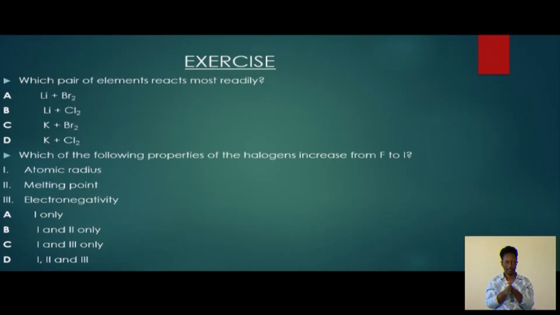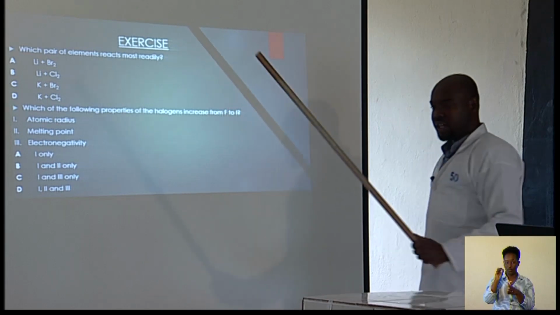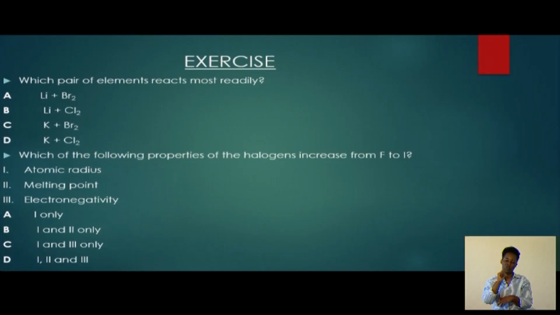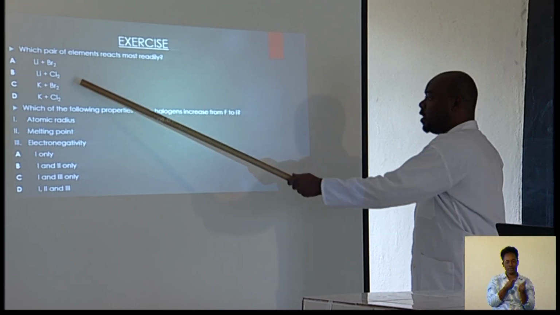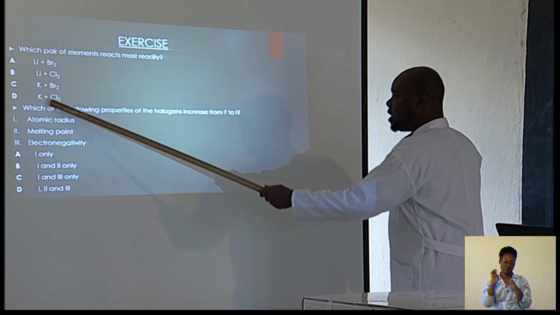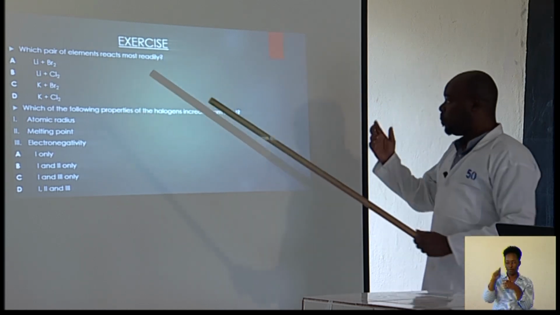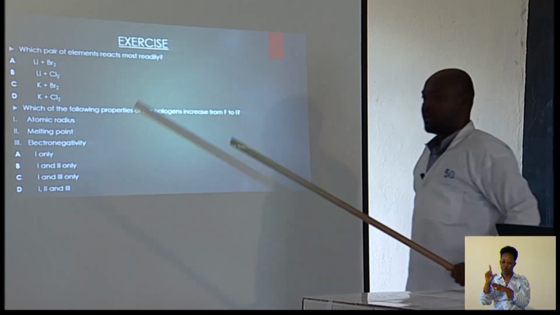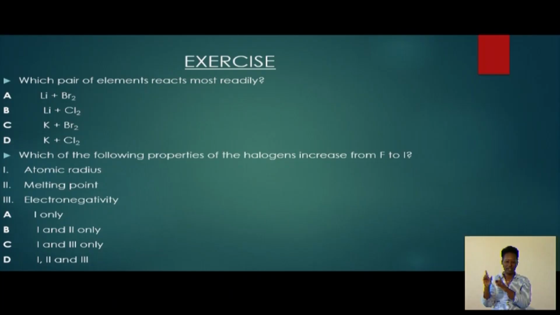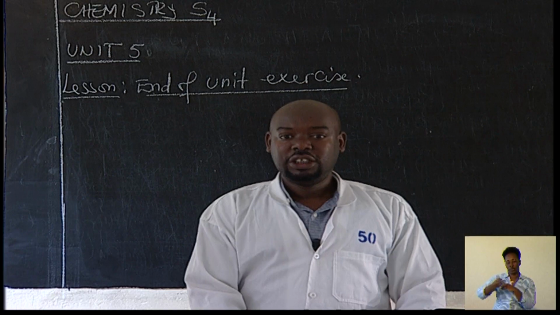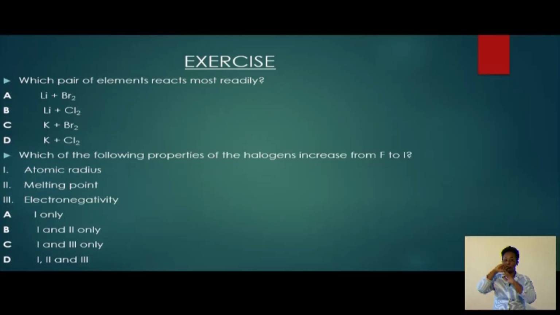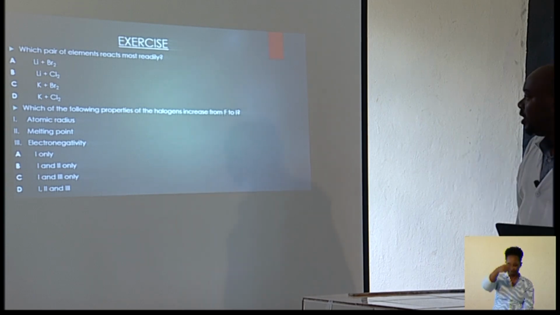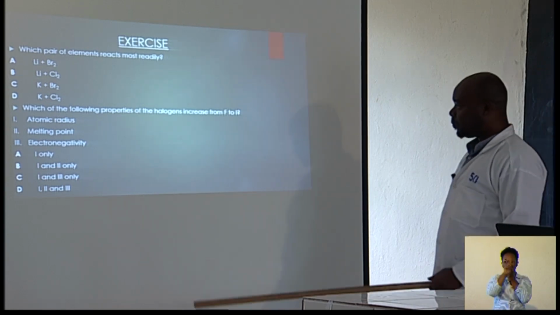So chlorine is the one which will gain the electron more easily than bromine. So the combination of potassium and chlorine will react more readily than any of the 3 other suggestions. I think that is clear. So the right answer is D. If you have suggested D, you got it right. Good. So we go to the second question.